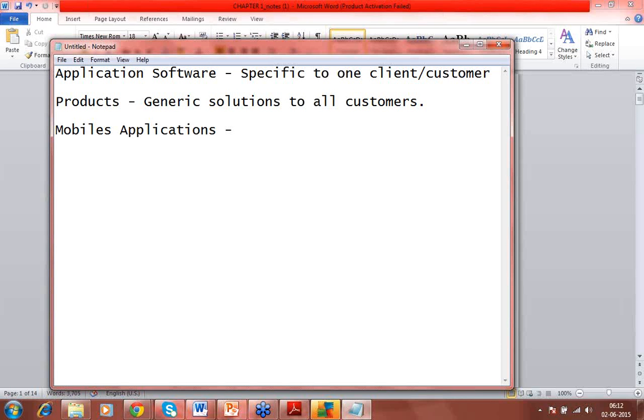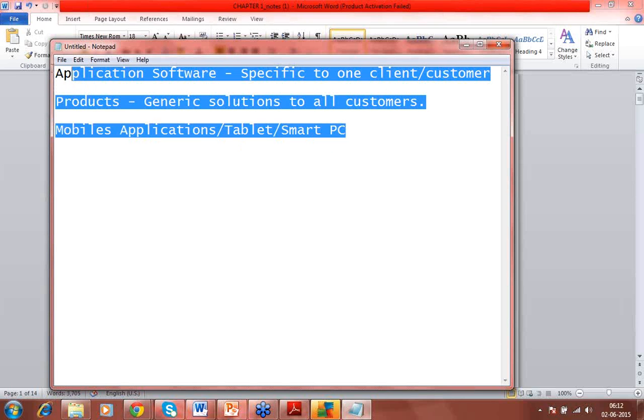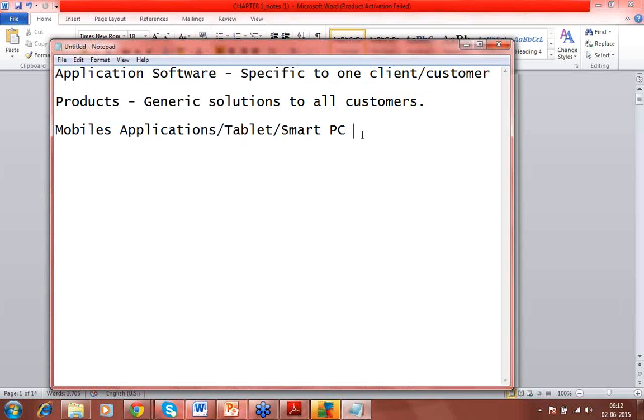So you have so many mobile applications that are used day in and day out as part of your day-to-day lives, right? Similarly, it could be anything related to your tablet or smart PCs. So these are the different categories of software that you come across in your day-to-day life.